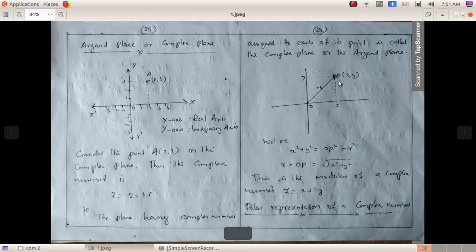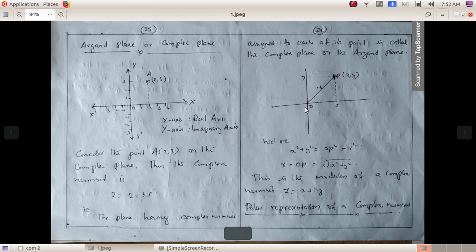So this figure forms a right angle triangle, with the right angle at this corner. Then by the Pythagoras theorem, this side square plus this side square equals this side square, where this side is the hypotenuse. That is, base square plus altitude square equals hypotenuse square.